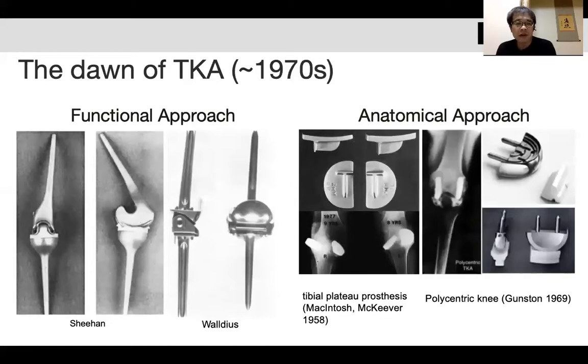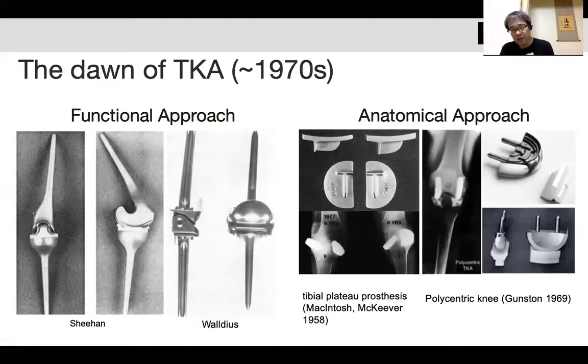This is the beginning of the TKA. I haven't seen these components; we see them only in papers or in a TKA museum. This is the very famous hinge knee.